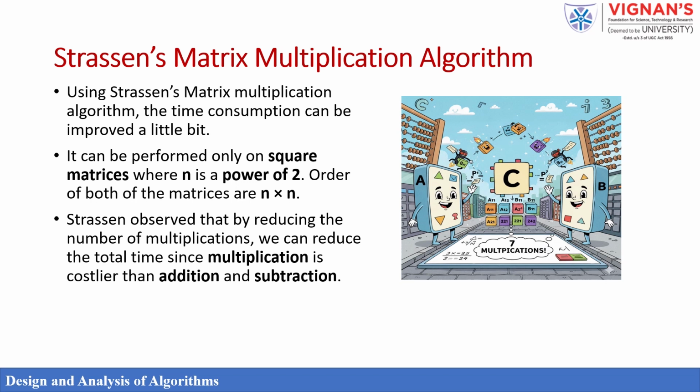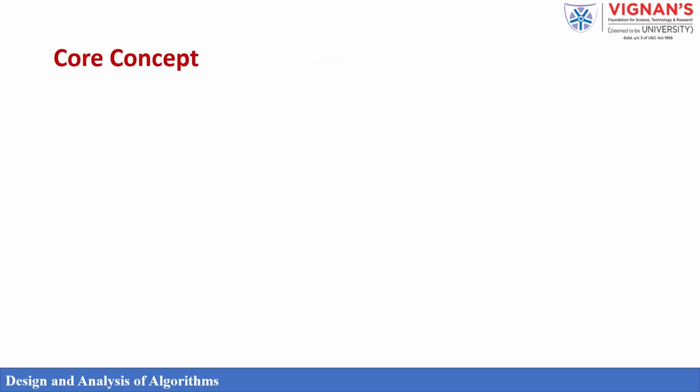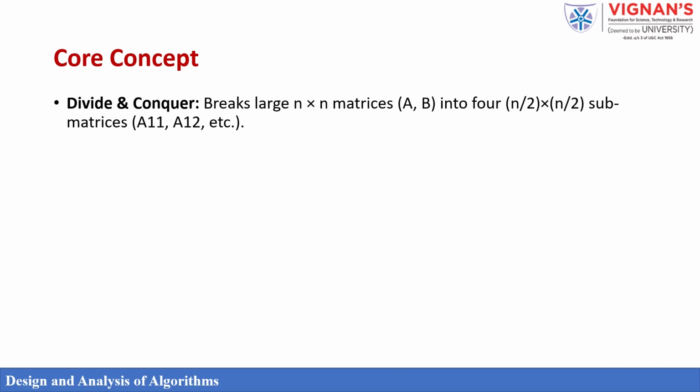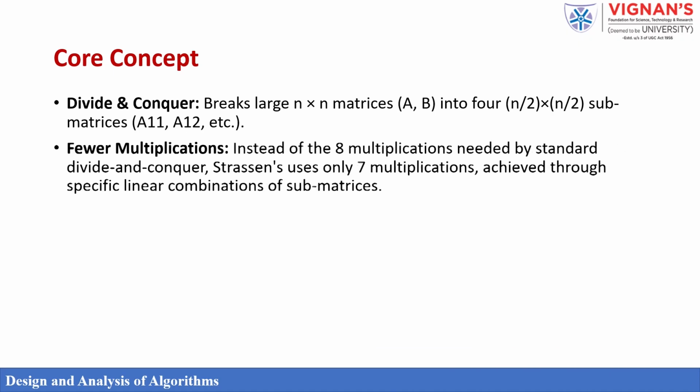Core concept behind Strassen's matrix multiplication algorithm. Divide and conquer approach. In this method, large matrices A and B of size n by n are divided into 4 smaller submatrices of size n by 2 by n by 2. The next important idea is reducing the number of multiplications. In the standard divide and conquer method, multiplying these submatrices requires 8 multiplication operations.